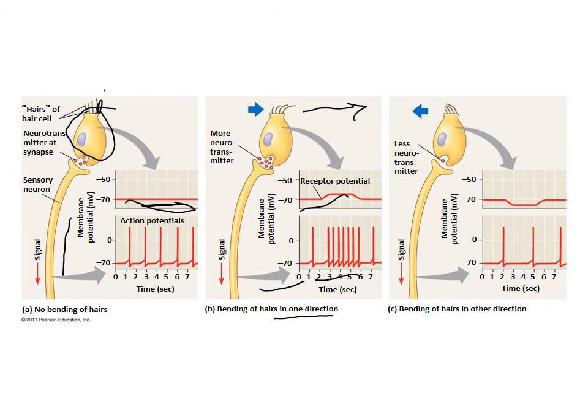But if the hair are bent that way, then less neurotransmitter is produced, so that produces hyperpolarization, and that is how we actually sense it. So one way will produce depolarization, the other side will produce hyperpolarization, and we can tell where we are in space.